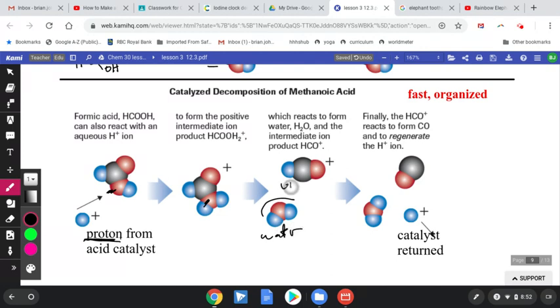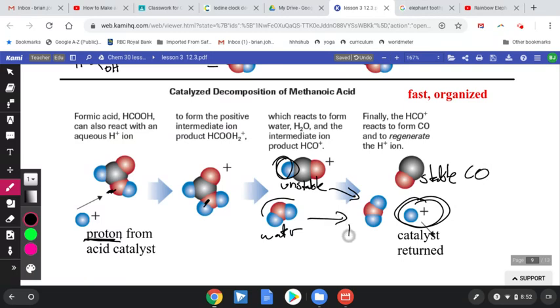Now we still have this unstable product. It will become stable by losing the proton right there and turning back into carbon monoxide. So water, carbon monoxide, and our catalyst is returned. You always get the catalyst back.